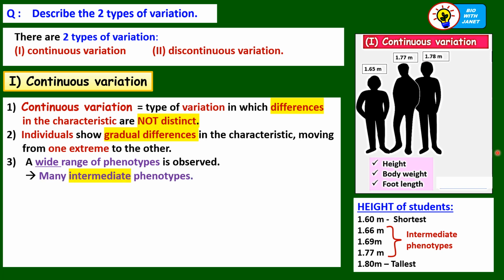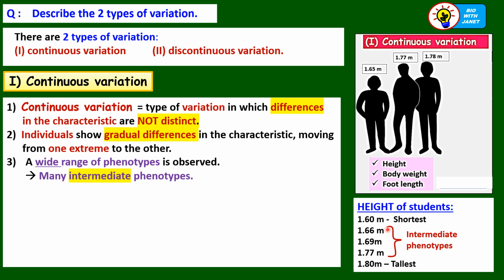And there are many intermediate phenotypes. What are intermediate phenotypes? For example, between the shortest student, maybe 1.60 meters, and the tallest student, maybe 1.80 meters, there are many intermediate phenotypes or observable heights.